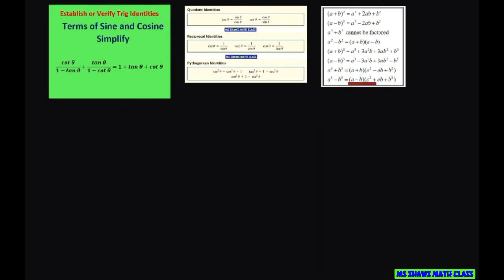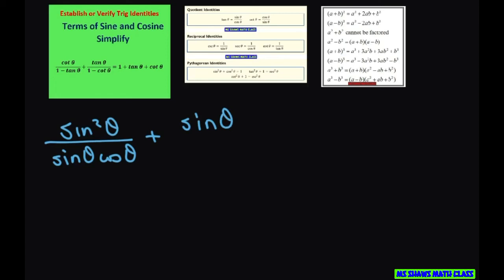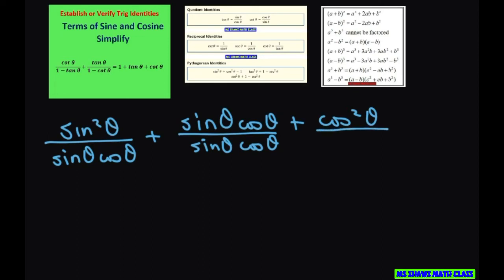All right, so that's going to be sine squared theta divided by sine theta cosine theta plus sine theta cosine theta divided by sine theta cosine theta. And then we have plus cosine squared theta divided by sine theta cosine theta. So I just broke everything up so it's easier to do.